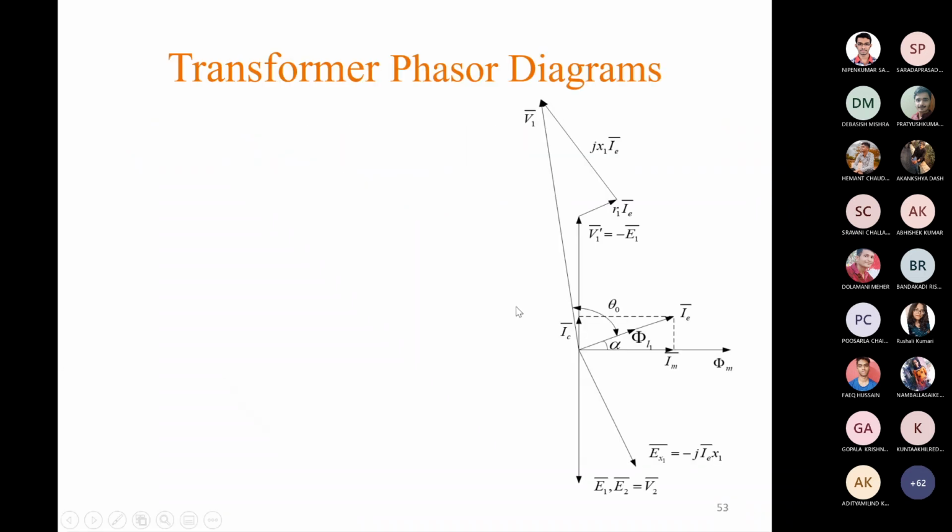Now, why have we considered the ideal transformer first? The ideal transformer is considered first to get an easier explanation of what happens in a transformer.